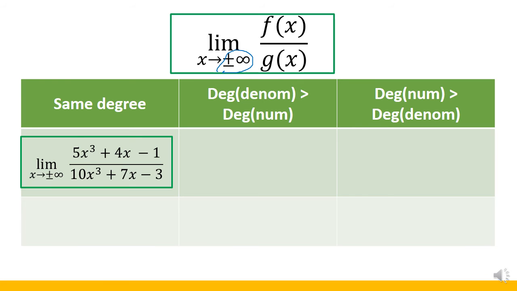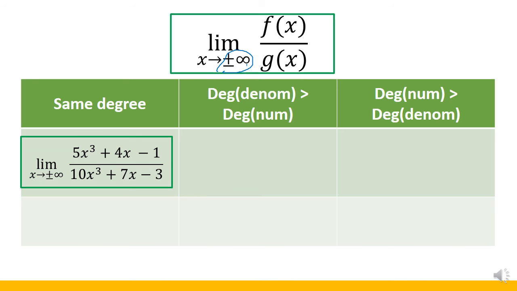This time we can no longer do substitution, because we're dealing now with a very, very large number or a very, very small number for the case of negative infinity. Though 1,000 or 10,000 is fairly large, still those are very small compared to positive infinity. So we have these three cases.